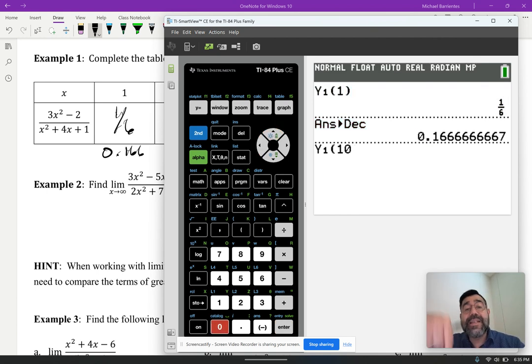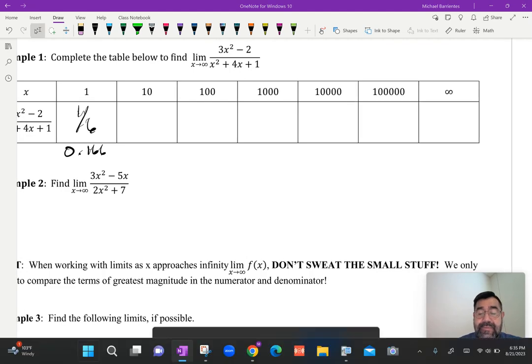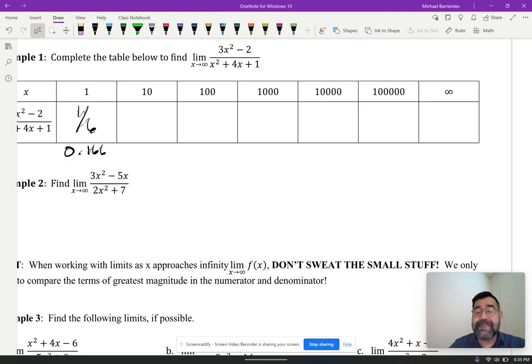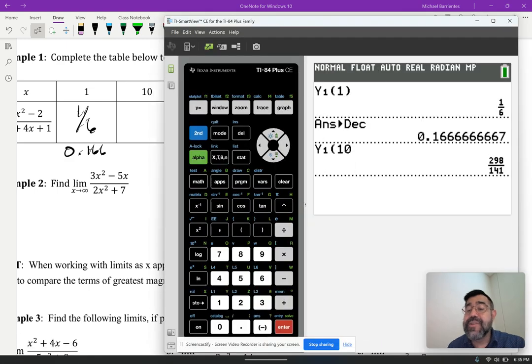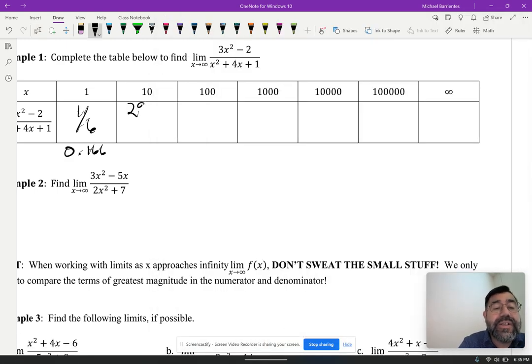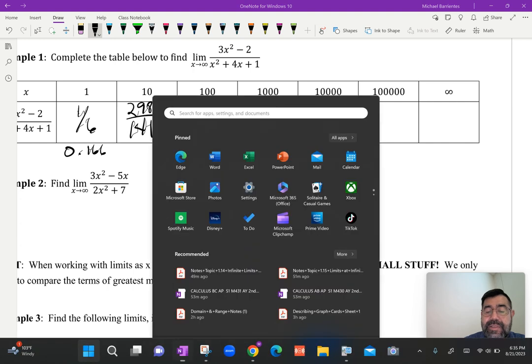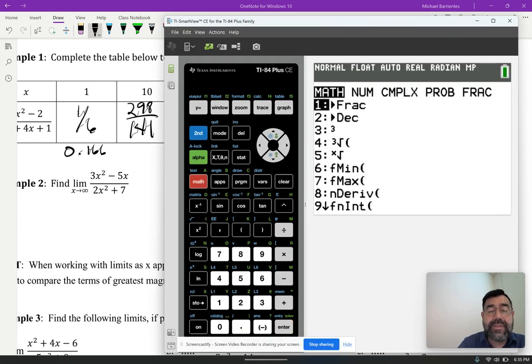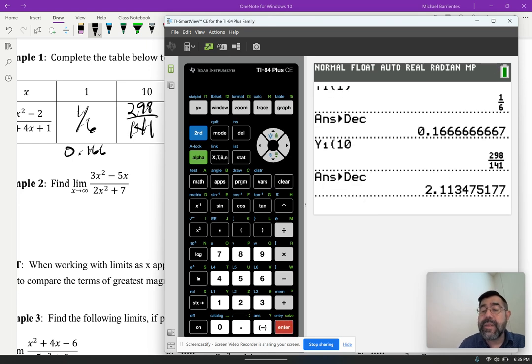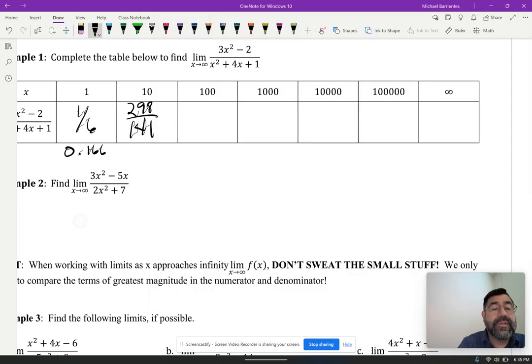Now I'm substituting 10 into that formula that I saved in y1, which is the formula on your paper, and we get 298 over 141. Let's change that to a decimal: 2.113.